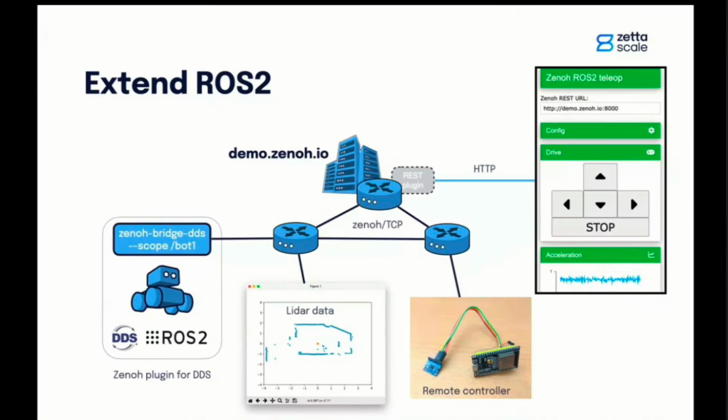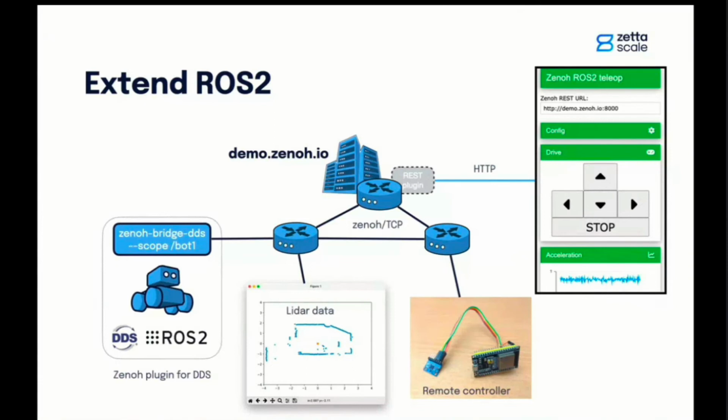What was deployed on the robot, which is running the standard ROS2, including DDS powered by Eclipse Cyclone DDS, is also the Zenoh Bridge DDS tool that allows bridging DDS communication to Zenoh, which is then connected to all the Zenoh infrastructure.